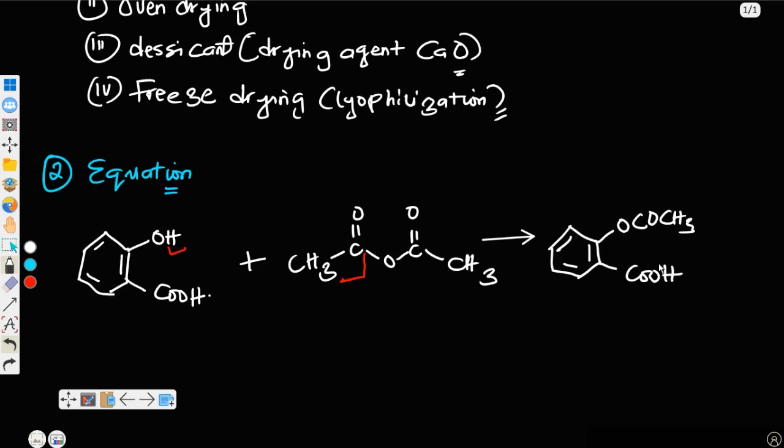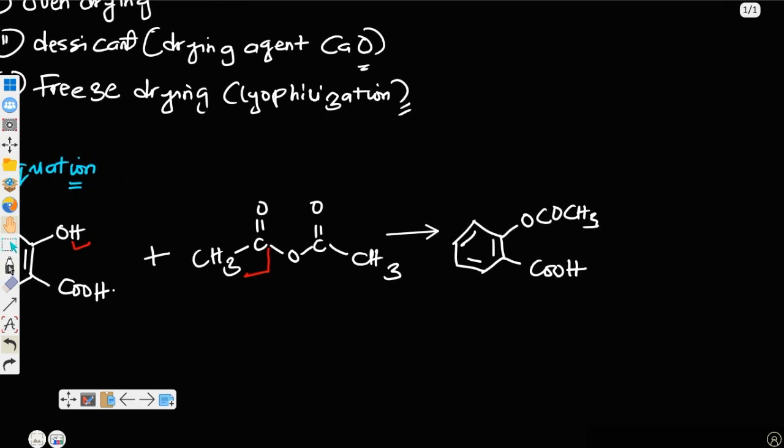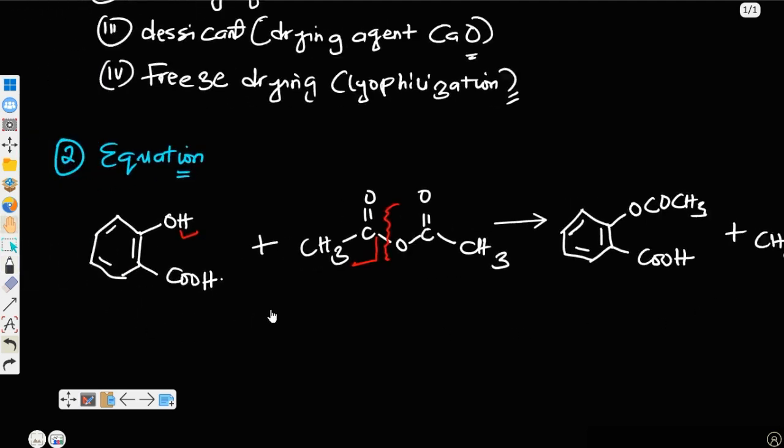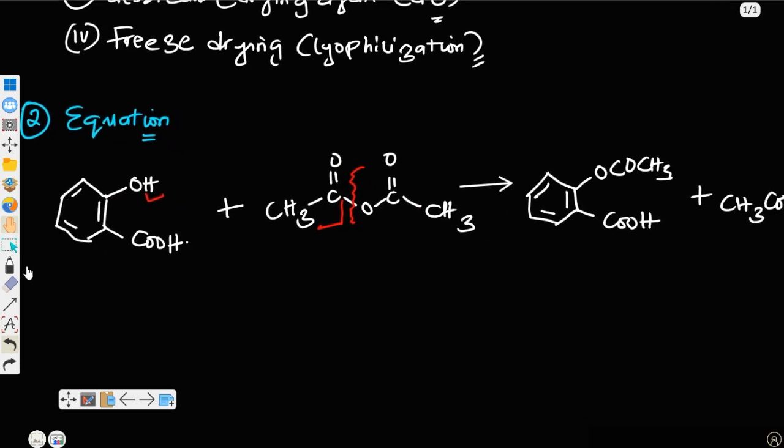This is the structure of aspirin, which is acetylsalicylic acid. Plus, recall that when you broke this, this part is still remaining, which is CH3COO. Plus this hydrogen removed from here is now going to form CH3COOH. So these are the various products in the equation of reaction.